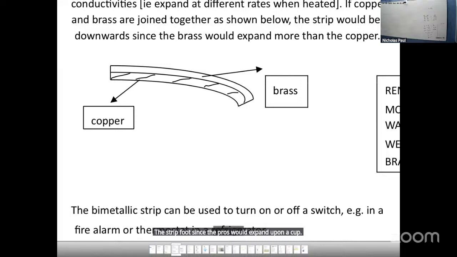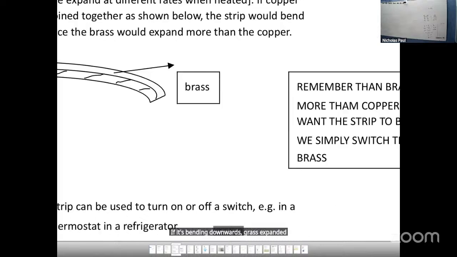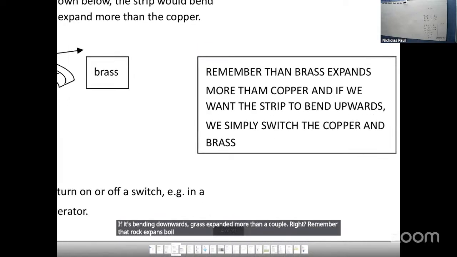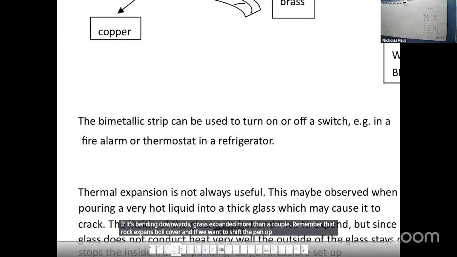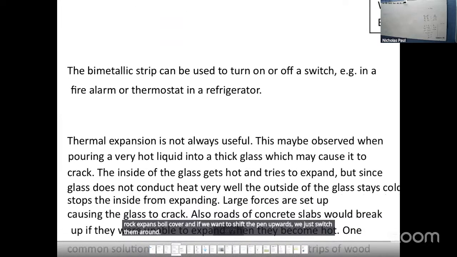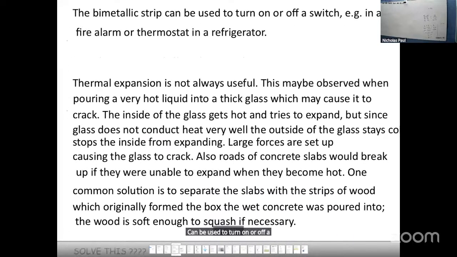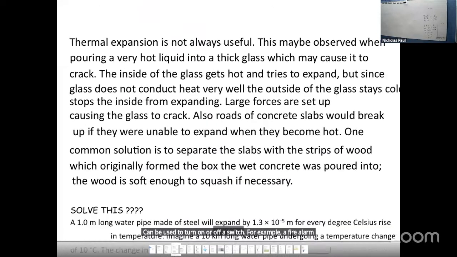That's okay? Remember that brass expands more than copper, and if we want the strip to bend upwards, we just switch them around. The bimetallic strip can be used to turn on or off a switch, for example, a fire alarm or a thermostat in a refrigerator.